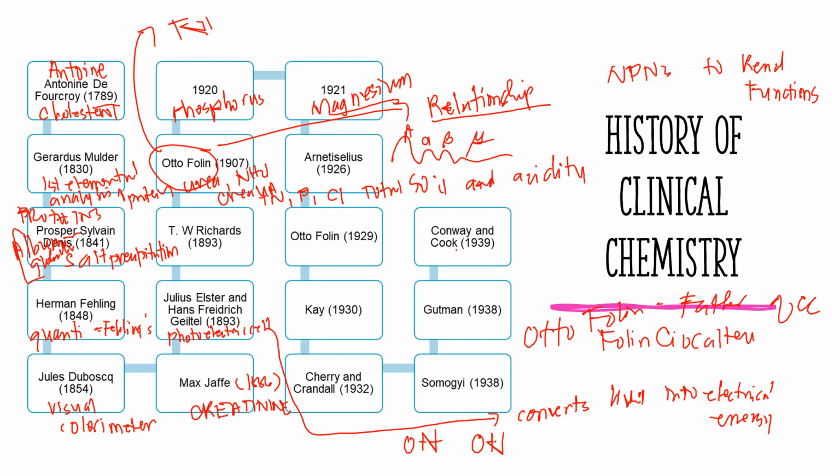Otto Folin again has another contribution, which is why we say he is the father of clinical chemistry. In the year 1929, Otto Folin introduced the use of light filter in colorimetry.